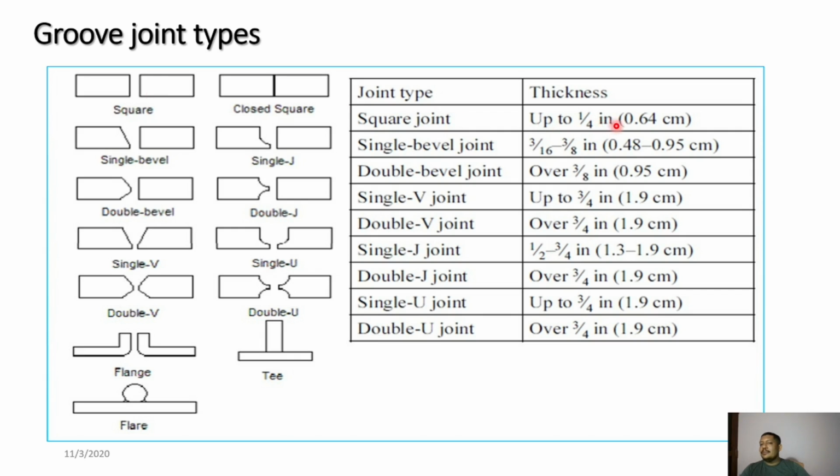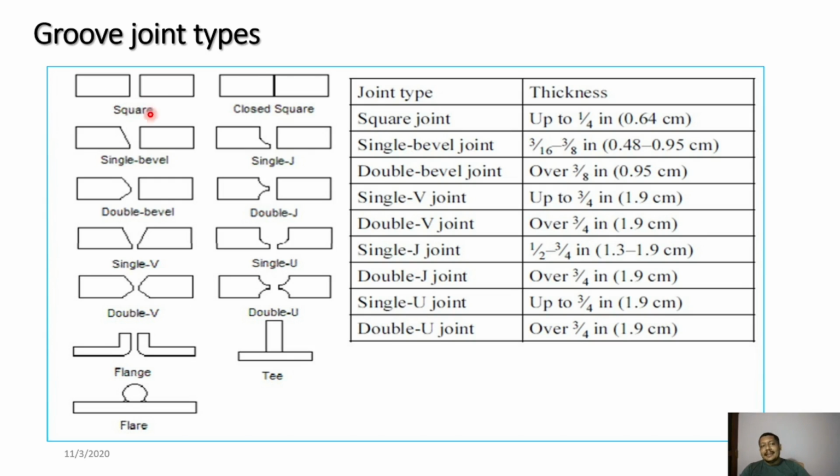Some information is given over here. I hope that when you did your welding trials in the lab, you did not make any edge preparation. You went directly for square butt joints, because the plate we gave you was of a thickness of 4 mm or less. So you went only for square.